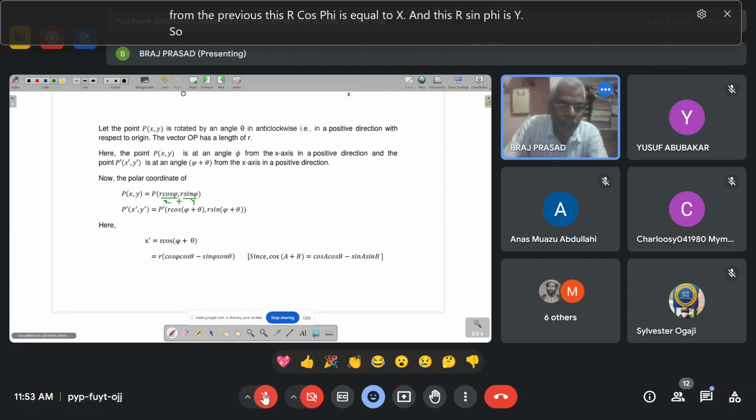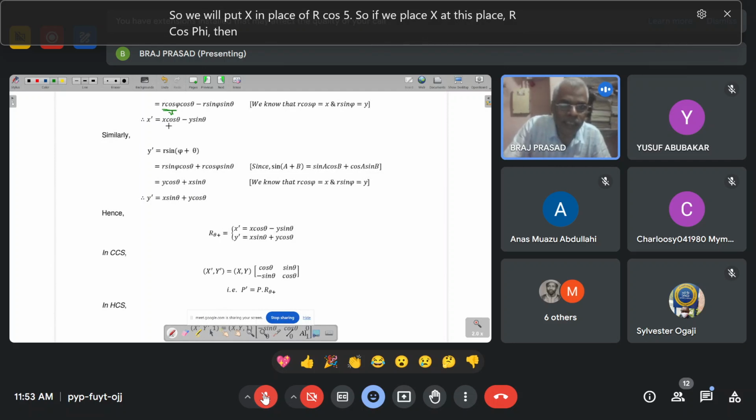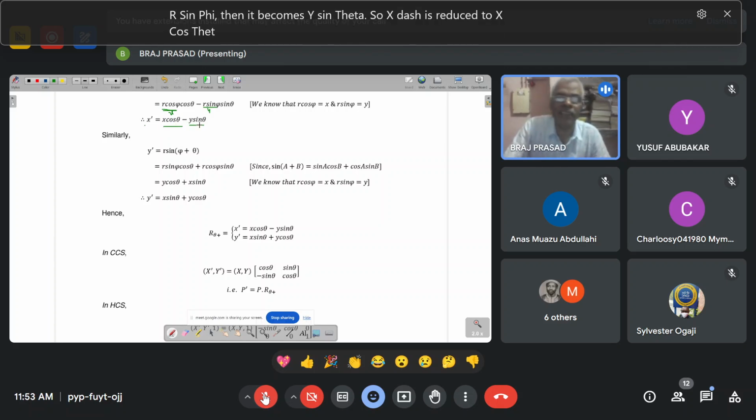If we place x in place of r cos phi, then it becomes x cos theta, and if we place y in place of r sin phi, then it becomes y sin theta. So x dash is reduced to x cos theta minus y sin theta.